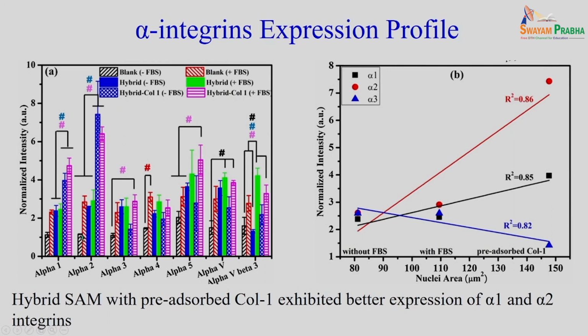So, what we observed is that if you have a surface with pre-adsorbed adhesive protein, here collagen 1, it facilitates integrin-mediated cell adhesion, which ends up with the maximum number of adhered cells, least cell circularity, better average area of the adhered cells, and better average nuclei size or nuclei area.